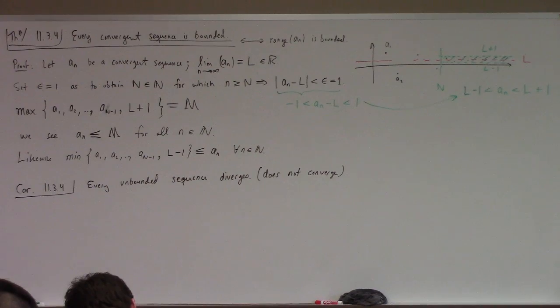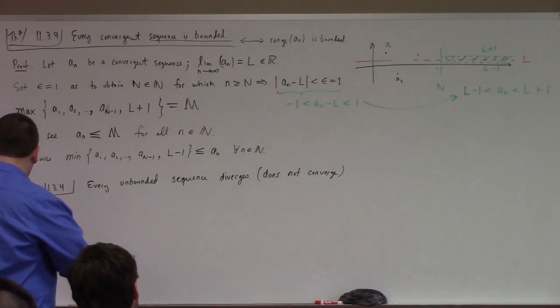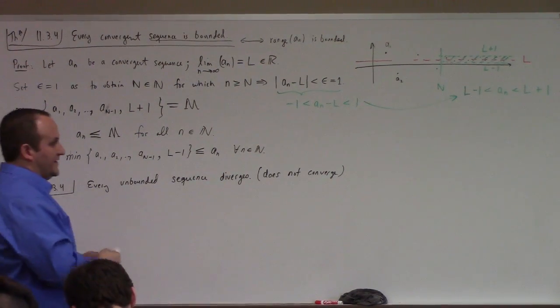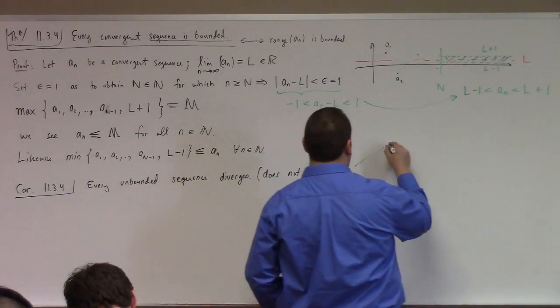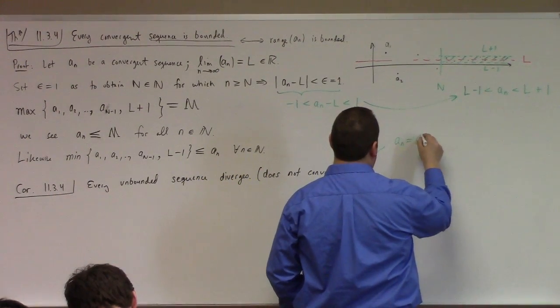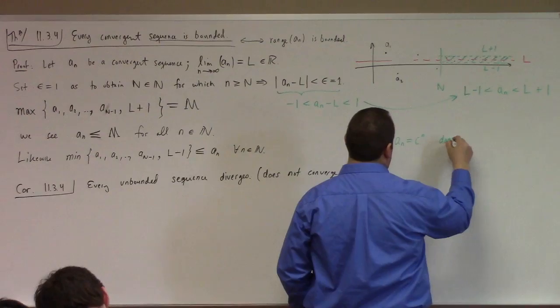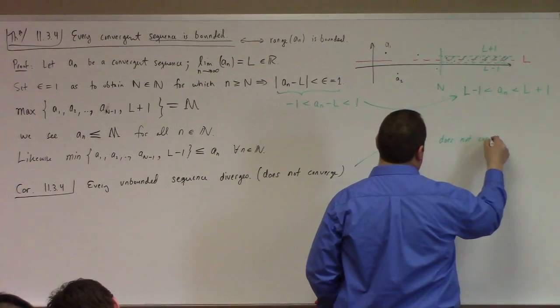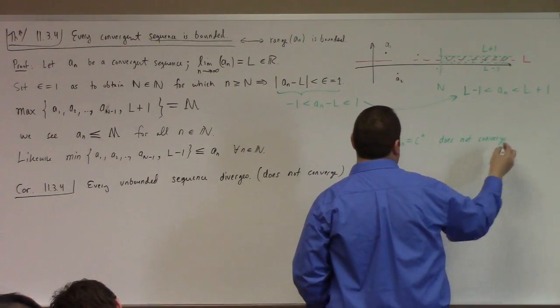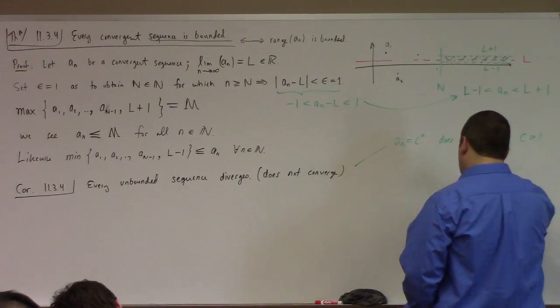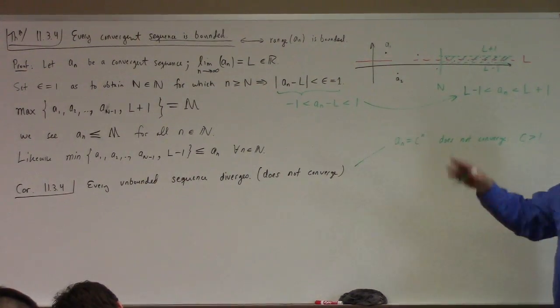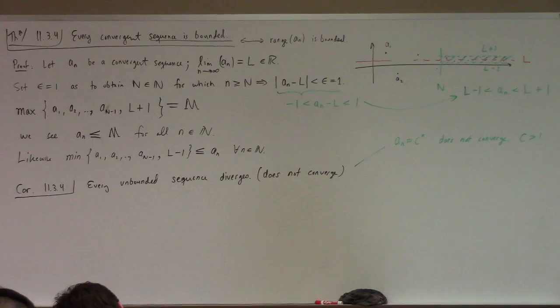For example, I can immediately tell you things like a_n equals c to the n does not converge if c is greater than 1, because that just increases without bound. It's unbounded.